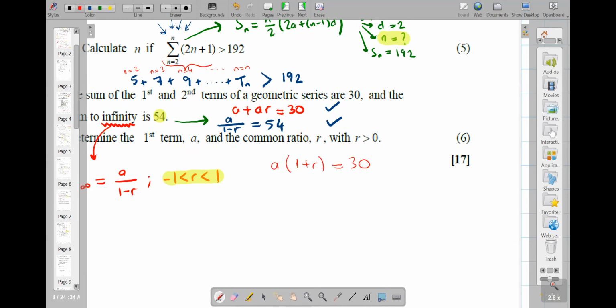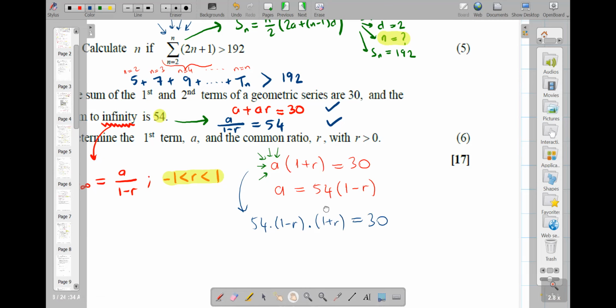For the second one, I can cross multiply and say A is equal to 54 times 1 minus R. So now I think you see what I am thinking. I can make a substitution. Instead of A in the first one, I substitute 54 times 1 minus R. So I already have 1 plus R, and it is equal to 30.